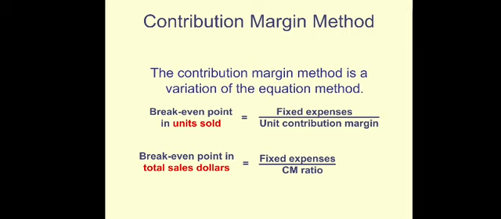So 80,000 divided by 40% or 0.4 equals 200,000.